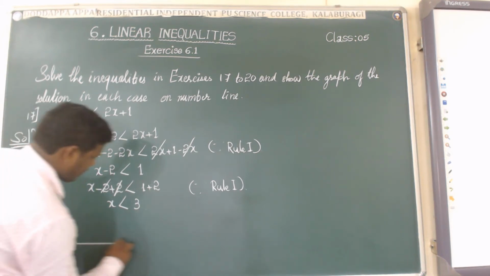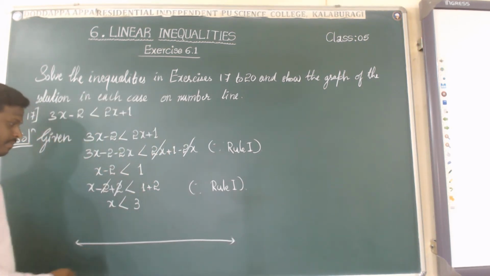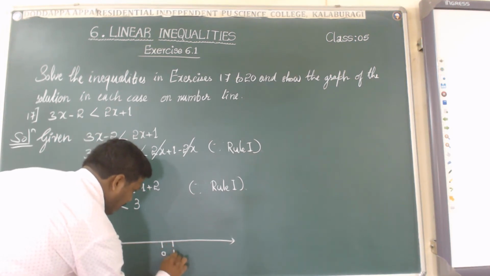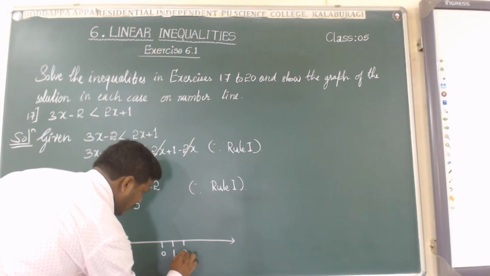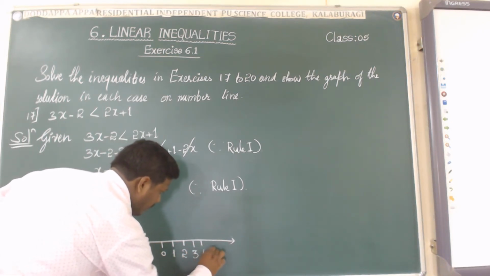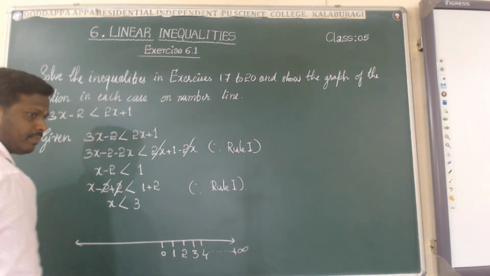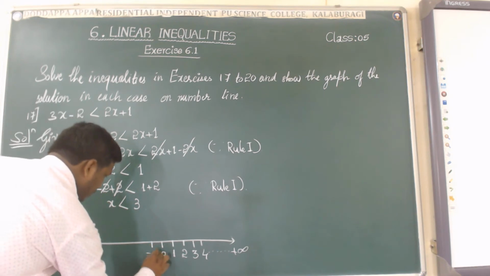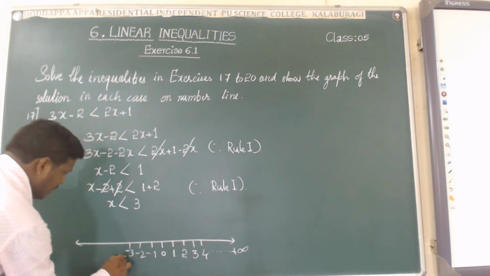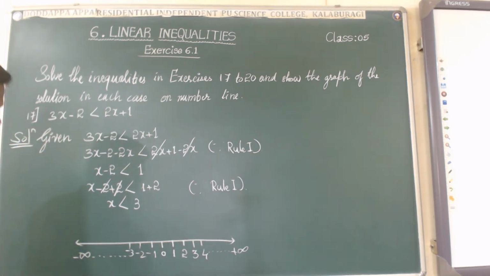I take this as 0, 1, 2, 3, 4, and so on up to infinity. Here minus 1, minus 2, minus 3, and so on up to minus infinity.